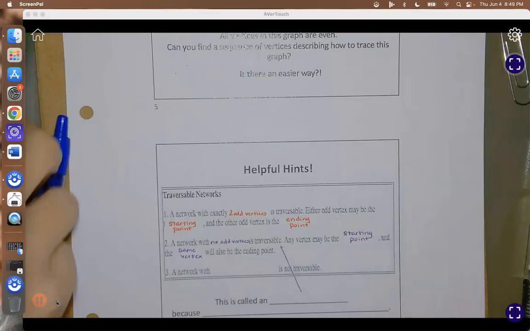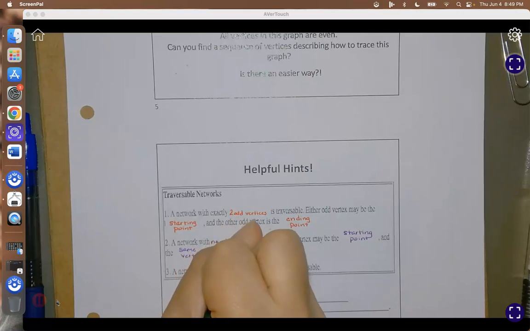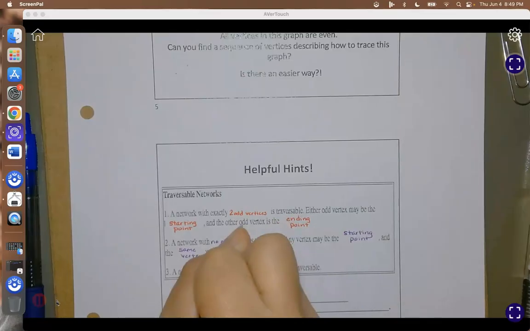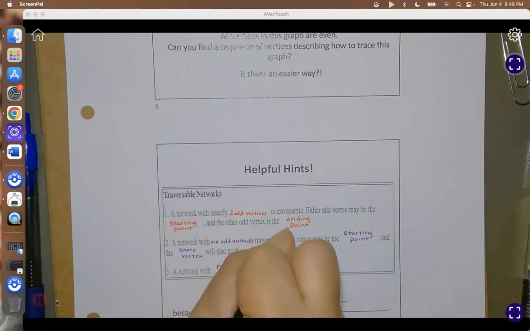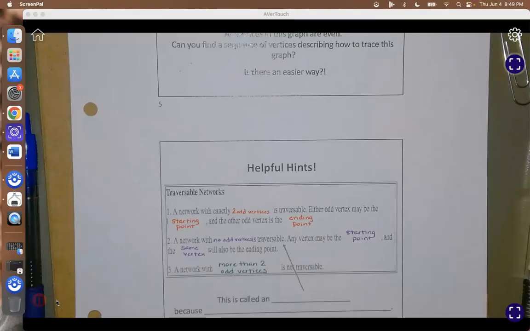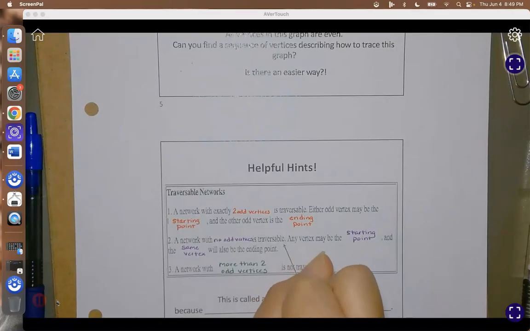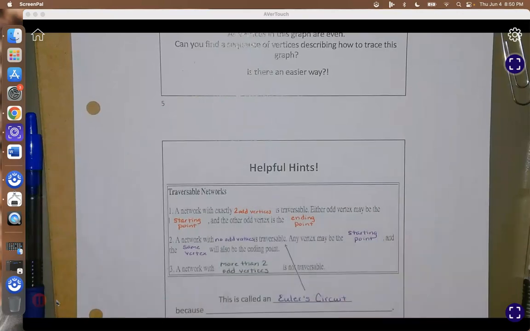And then please remember, any network with more than 2 odd vertices is not traversable. Now, if you have no odd vertices, this is called an Euler circuit.